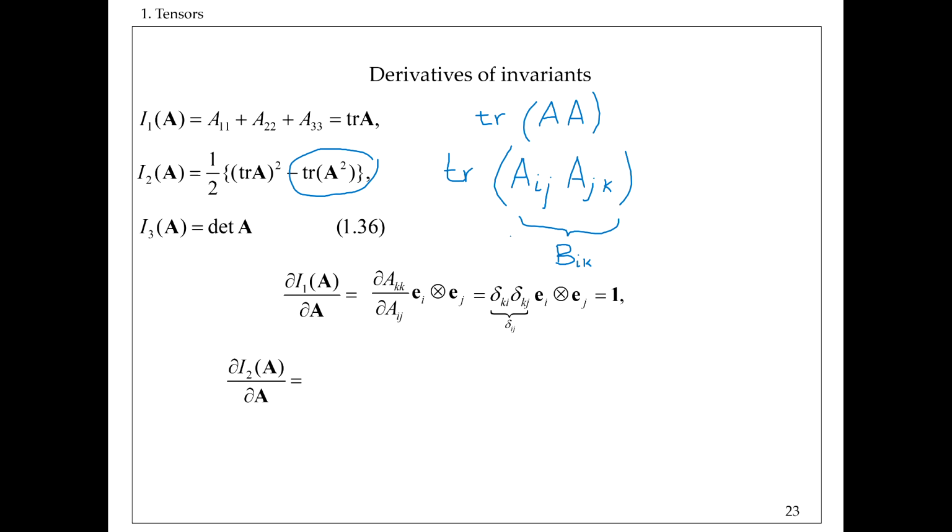If I now want to make this a trace, the trace of B_ik is nothing but B_ii or B_kk, because it's repeating, we can write any letter.